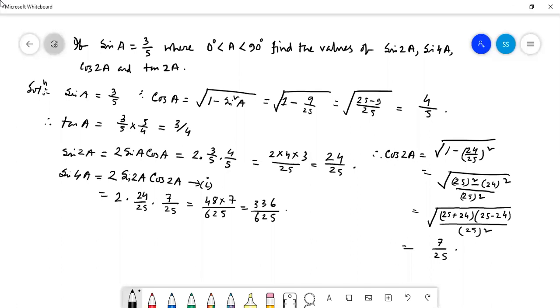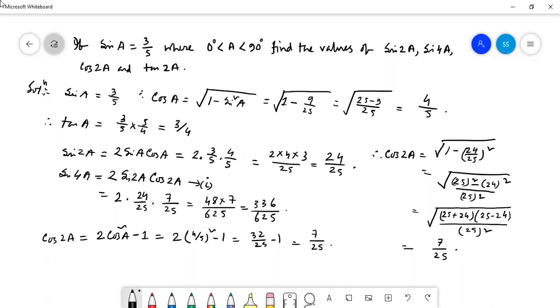Right? Now we have to find out cos 2A. Cos 2A means 2 cos square A minus 1. So 2 cos square A means cos A is 4 by 5 square, minus 1. So 32 by 25 minus 1. That is 7 by 25.